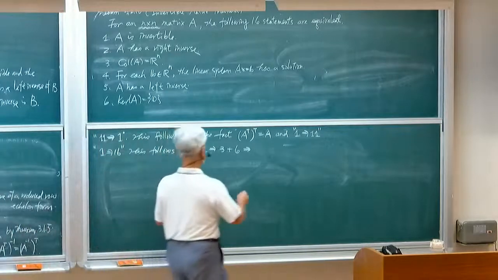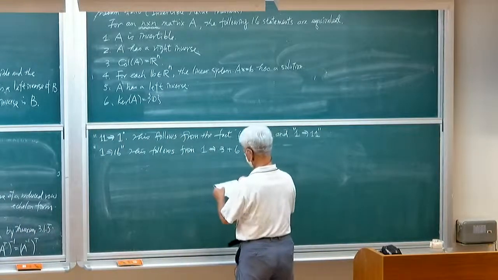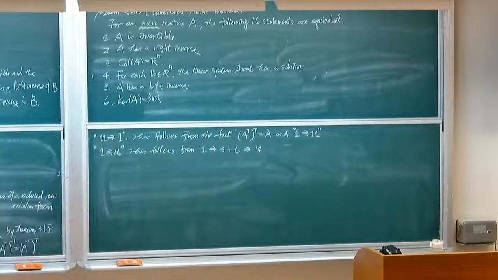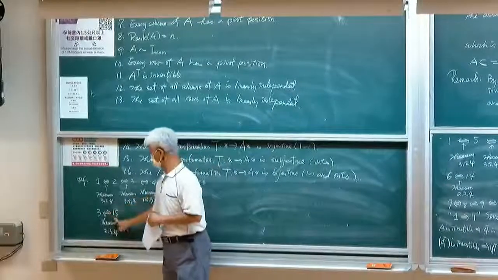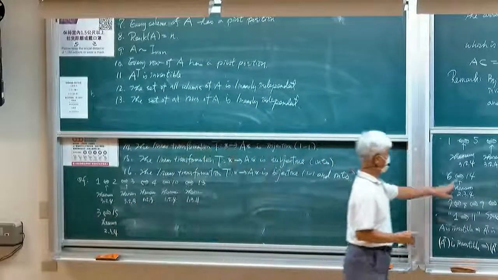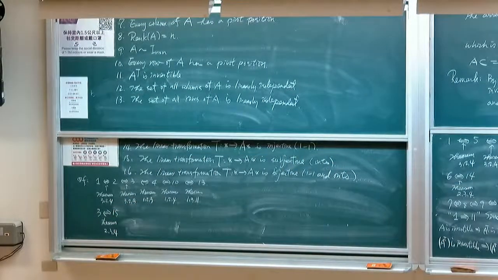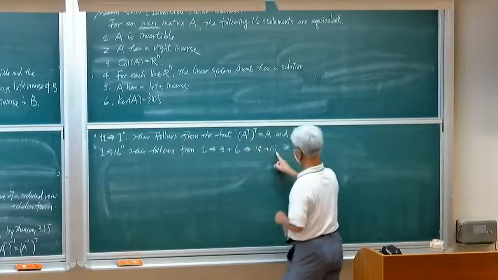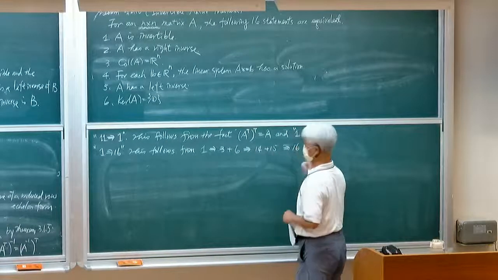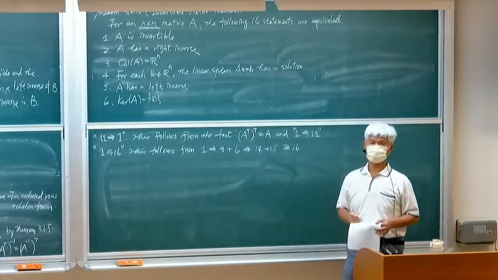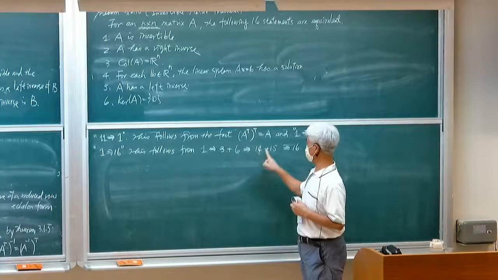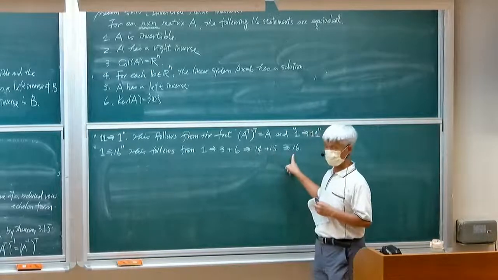And 3 implies 15, and 6 implies 14. So 3 plus 6 implies 14 plus 15. But 14 plus 15 implies 16. So if the transformation is injective and surjective, then it's bijective.